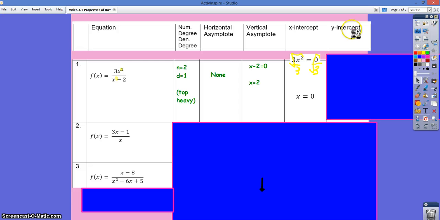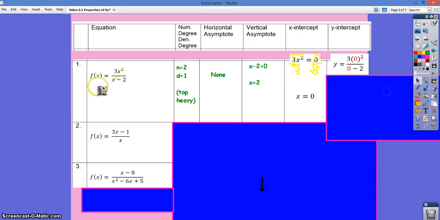And finally, the y-intercept. Remember, wherever we see an x in our original function, you are going to put a 0. So I've taken this function, f of x, y, and wherever I saw an x, I put a 0.